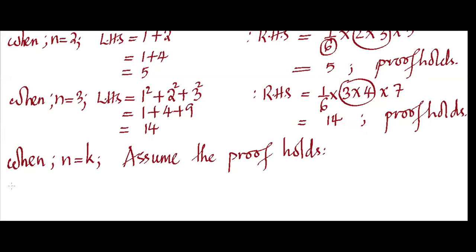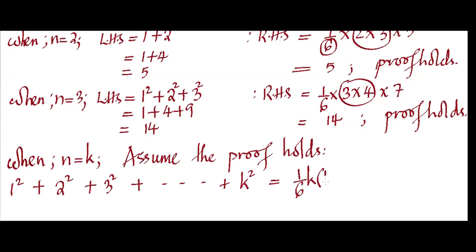Assume the proof holds, and that would mean 1 squared plus 2 squared plus 3 squared, and so on up to n squared, with n taking on k, is the same as 1 over 6 into k plus 1 into 2k plus 1 at that instant.